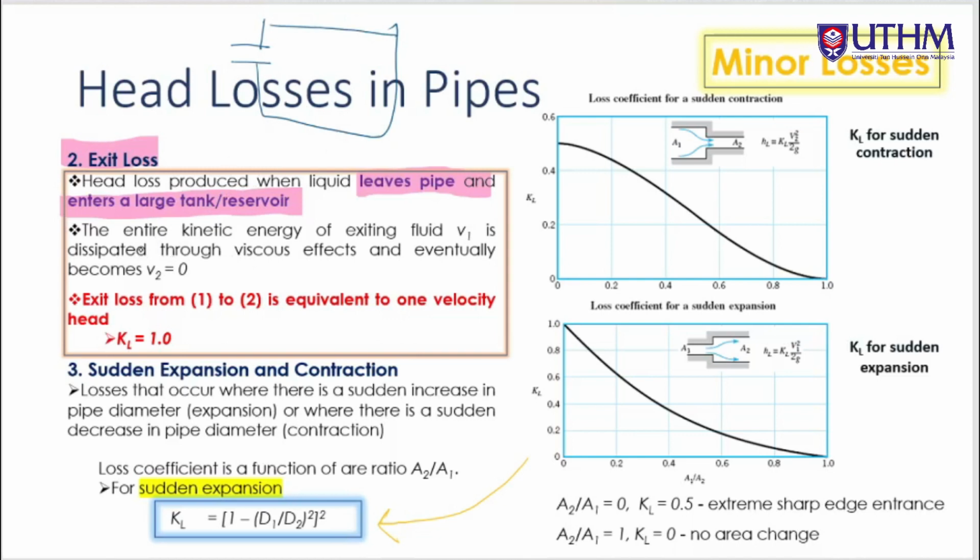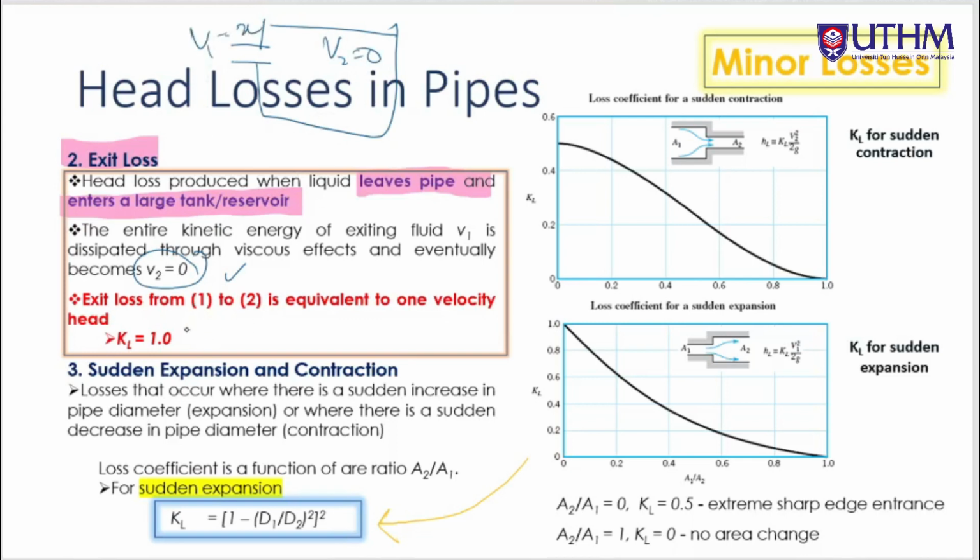So at this condition, the entire kinetic energy of the exiting fluid is dissipated through viscous effects and eventually becomes zero. V2 is equal to zero. This is like what we considered before, like Bernoulli, where last time we considered V2 equal to zero and V1 has a value.